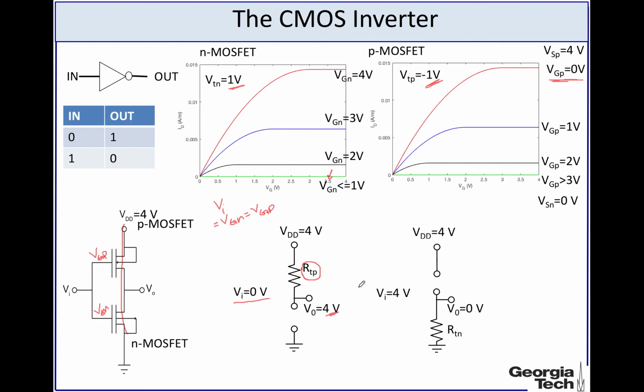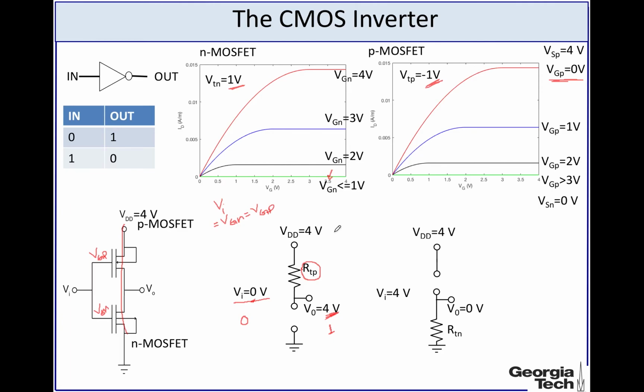What you're seeing here is that if the input is 0 volts, you get an output of 4 volts. Or if the input is logic level 0, the output is logic level 1. Because when your input is 0 volts, your N MOSFET is turned off, and as a result VO becomes equal to VDD.